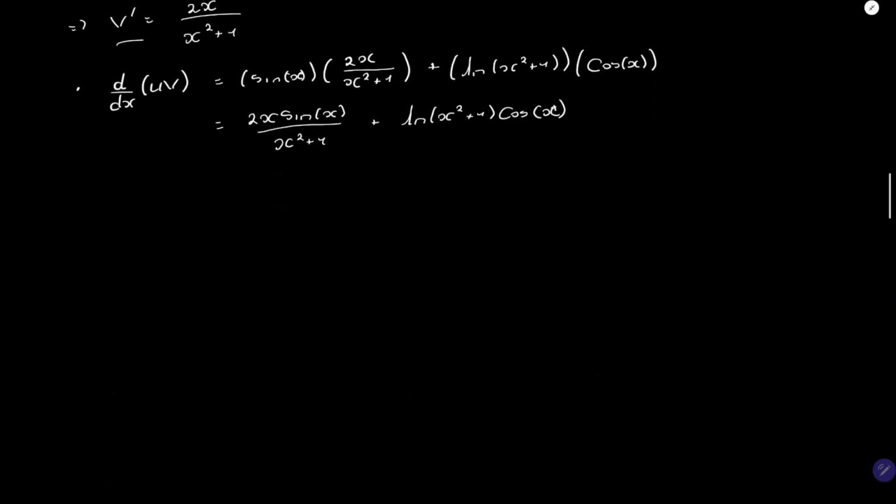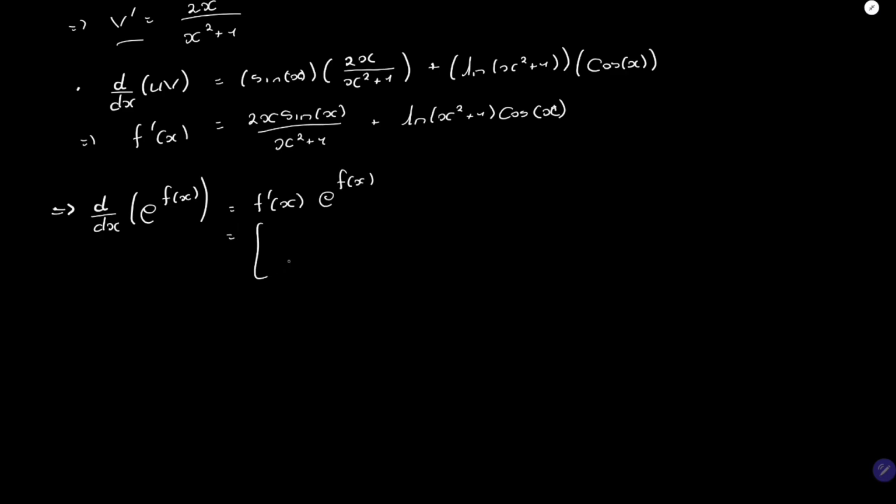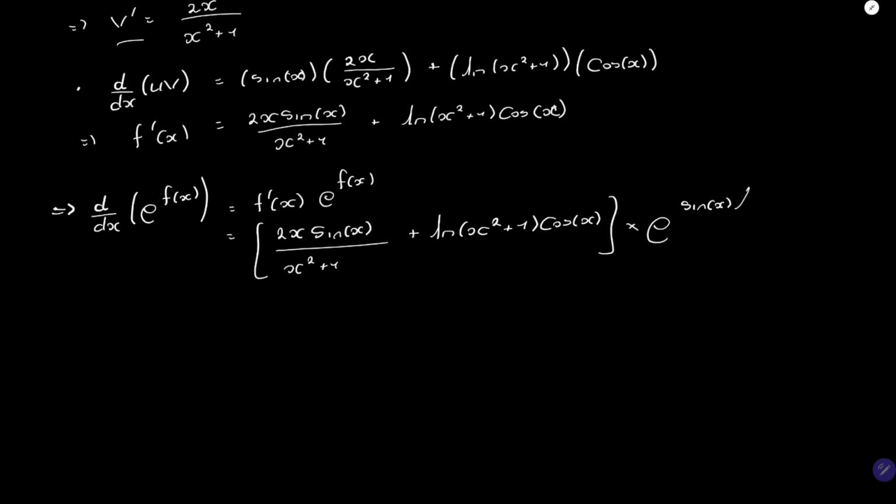So substituting that, the derivative with respect to x of e to the f of x equals f prime of x e to the f of x, which gives us 2x sine x divided by x squared plus 1 plus ln of x squared plus 1 cos x, all that times e to our initial function sine of x ln of x squared plus 1.